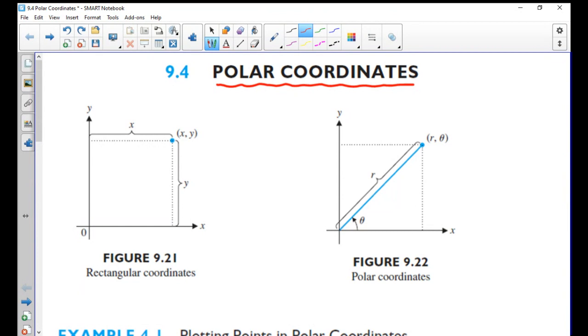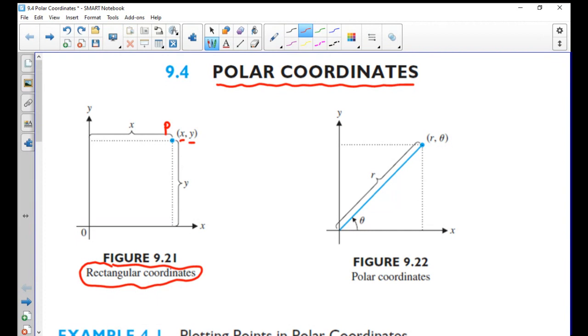Okay. So polar coordinates, in general, what you know so far, and actually I'm sure you also saw polar coordinates before. But in general, when you take a point P in the xy plane, it has two coordinates, the x coordinate and a y coordinate.